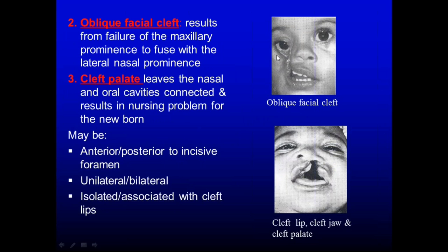This is failure of the maxillary prominence to fuse with the lateral nasal prominence. There appears a gap. This is oblique facial cleft. Cleft palate can be unilateral, it can be bilateral, or it can be associated with the cleft lip. Now this is the condition in which cleft palate is associated with the cleft lip.